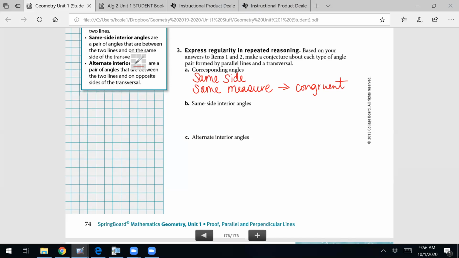Now, same side interior. What do you notice about those two? Are those the same degrees? They add up to 180. Okay, so add to 180. What do we call that? That's right.